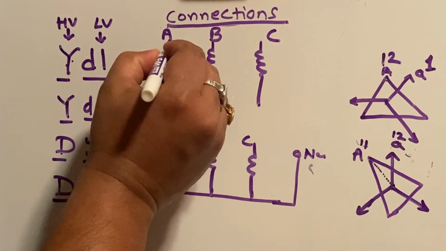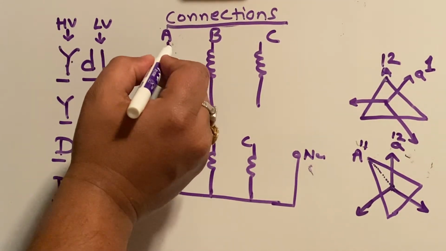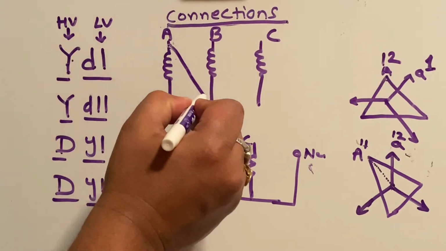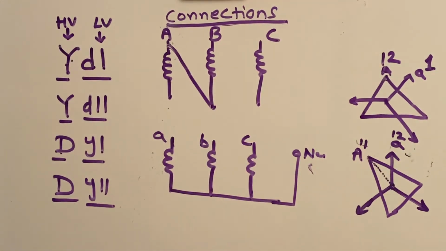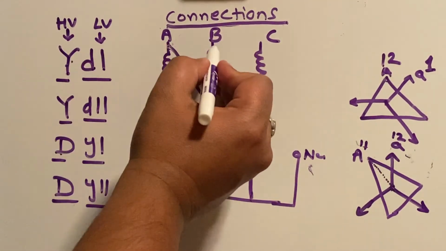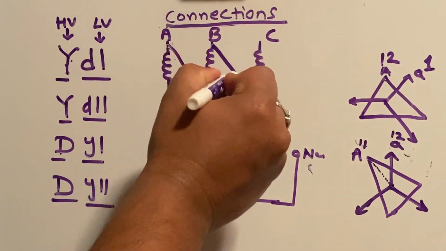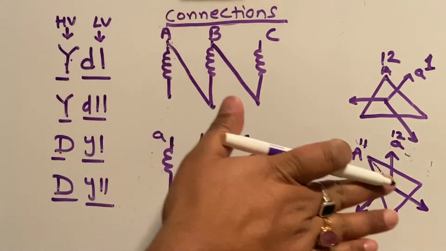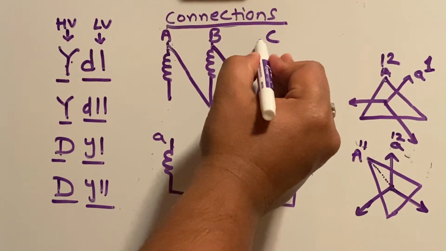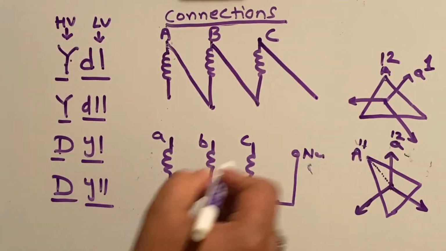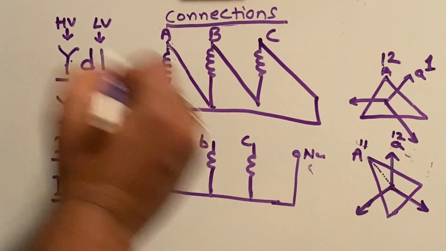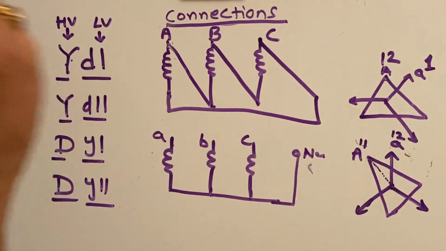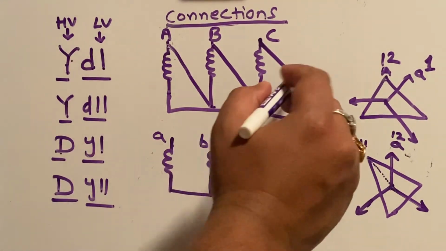So if you take this point here and drag the line, you will have to drag towards the right hand side and go to point B. Similarly, B, take this point and go to C. We are dragging towards the right hand side. Similarly, C, we are dragging towards the right hand side. So it will go to the bottom of A. This will give you Dy1.